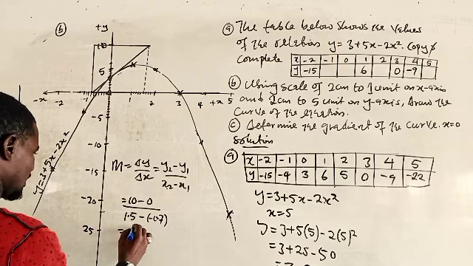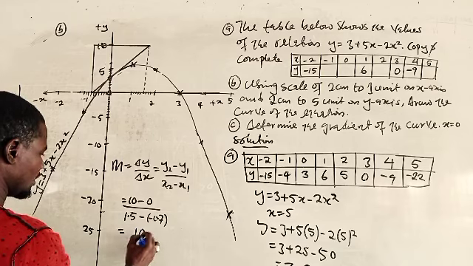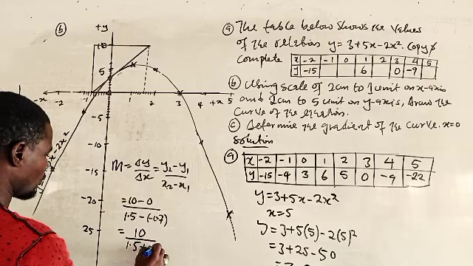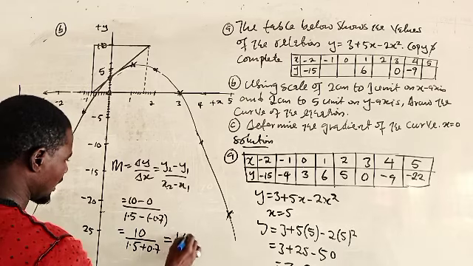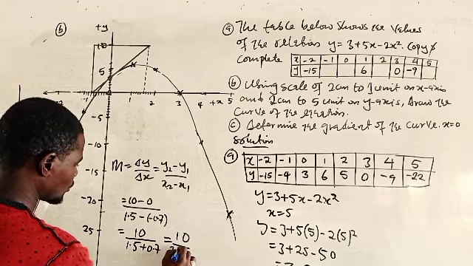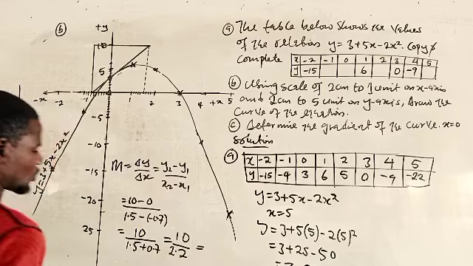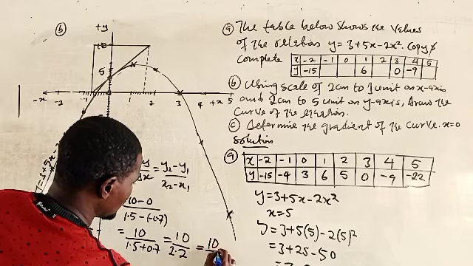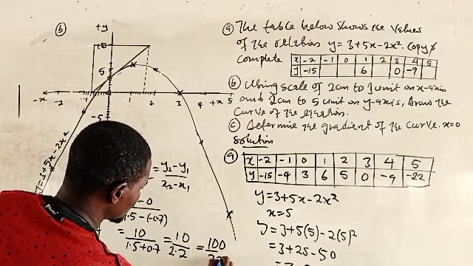So this is the same thing as 10 minus 0, which is 10, all over 1.5 plus 0.7, and this is 10 all over 2.2. When you divide 10 by 2.2, it's the same thing as 100 divided by 22.